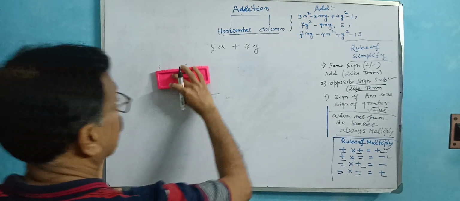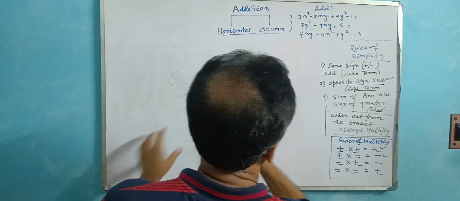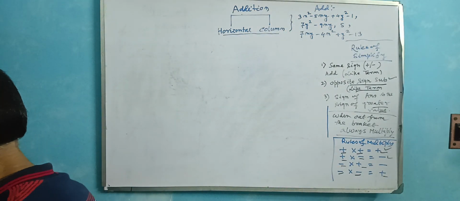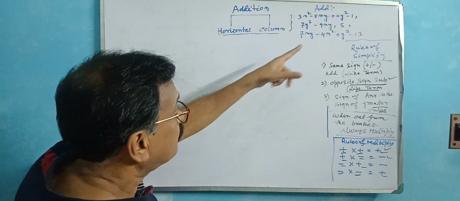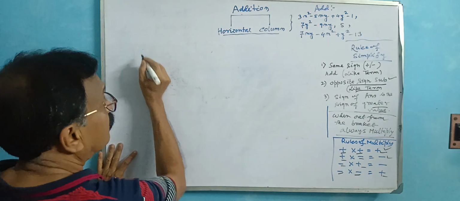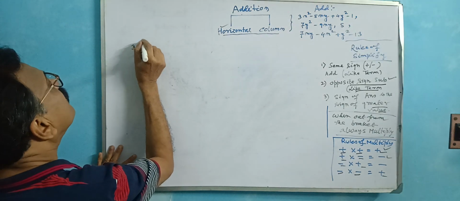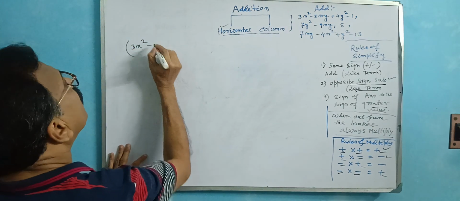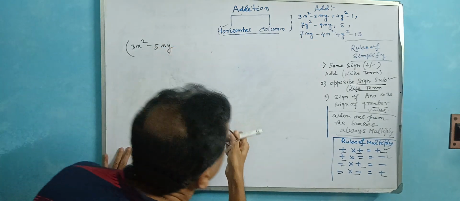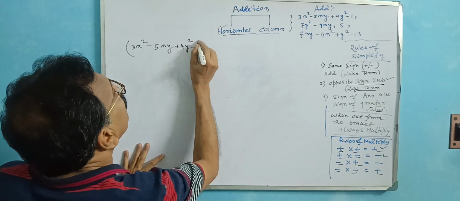Now the different pattern of the addition. Here is a sum, I just write it down here. I will solve it in two ways. First I write it in the horizontal way: the bracket 3x square minus 5xy plus 4y square minus 1.